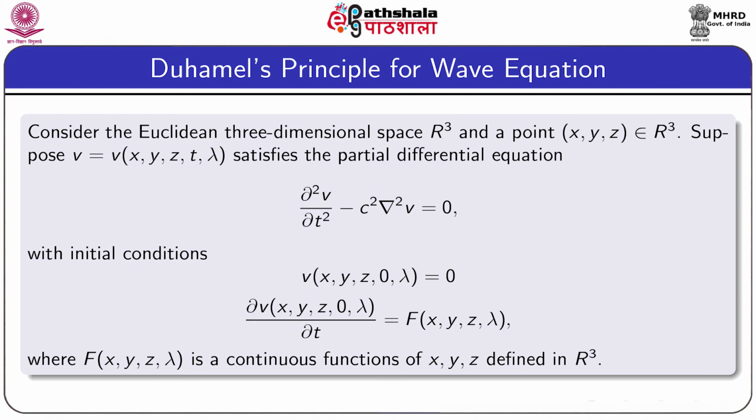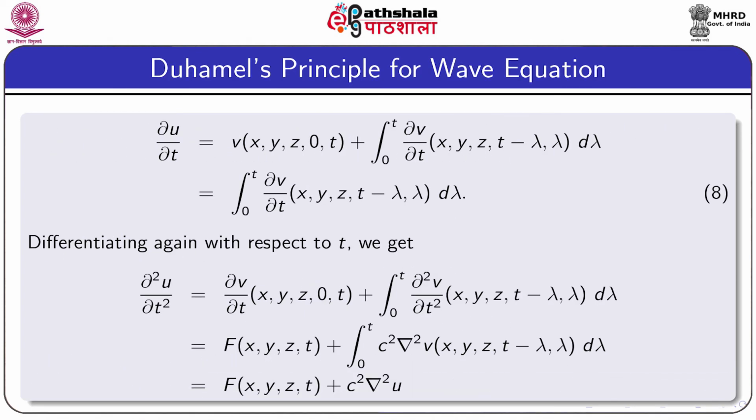Del v del t at t equals 0 is given by f(x, y, z, lambda). Therefore, the value of del v del t at x, y, z, 0, t is equal to capital F(x, y, z, t). So, if we substitute it here, it becomes capital F(x, y, z, t) plus integration 0 to t.